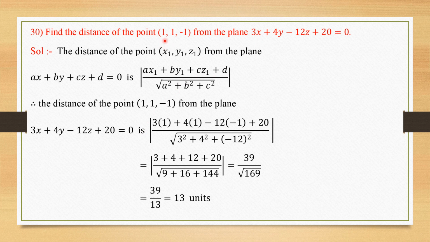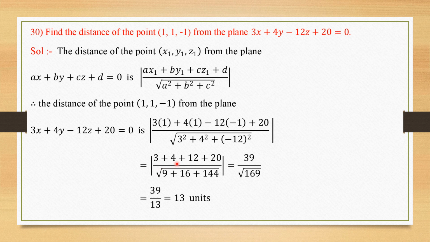Put the value of x is 1, y is 1 and z is minus 1, that is x1, y1, z1. 3 into 1 plus 4 into 1 minus 12 into minus 1 plus 20, divided by root of coefficient of x square, that is 3 square, plus coefficient of y square, 4 square, plus coefficient of z, minus 12 square. 3 into 1 is 3, 4 into 1 is 4, minus 12 into minus 1 is plus 12, plus 20, divided by root of 9 plus 16 plus 144.